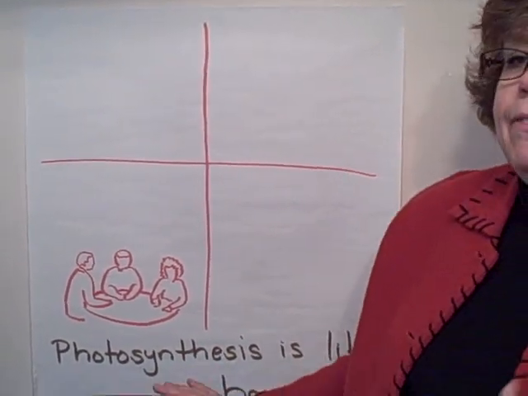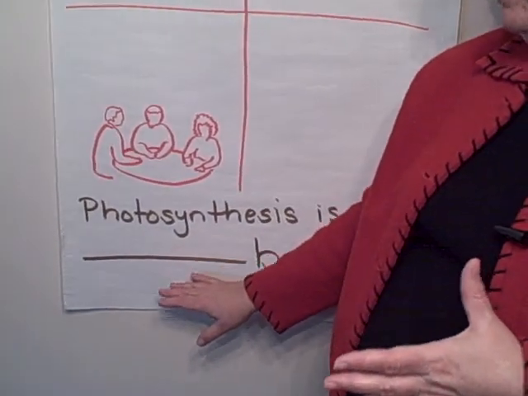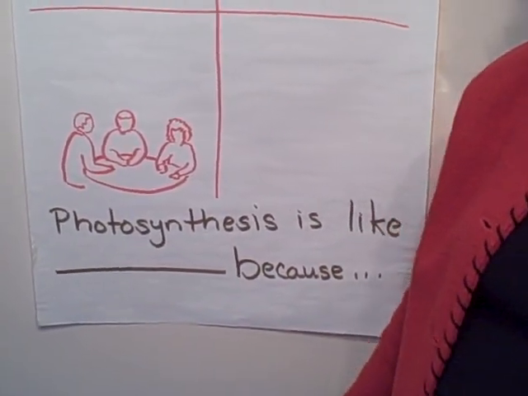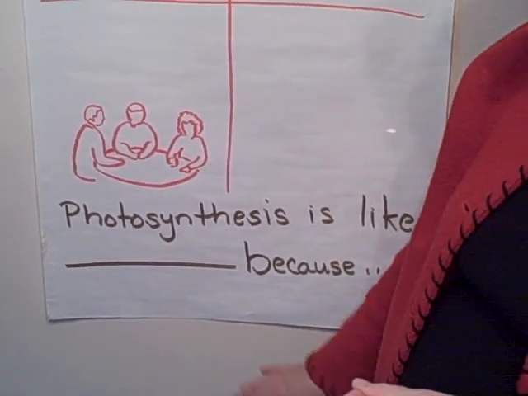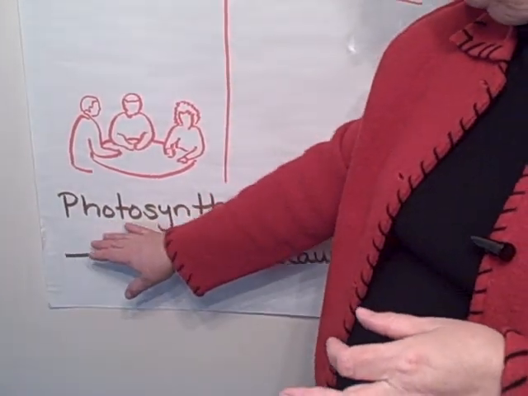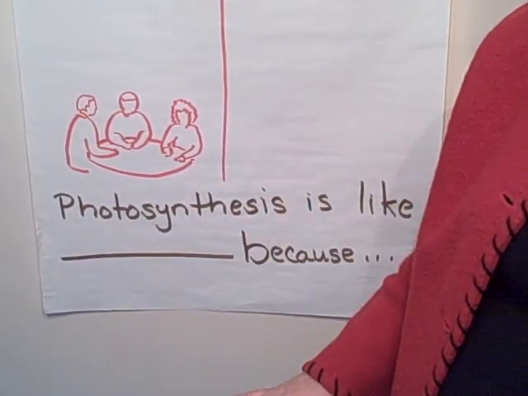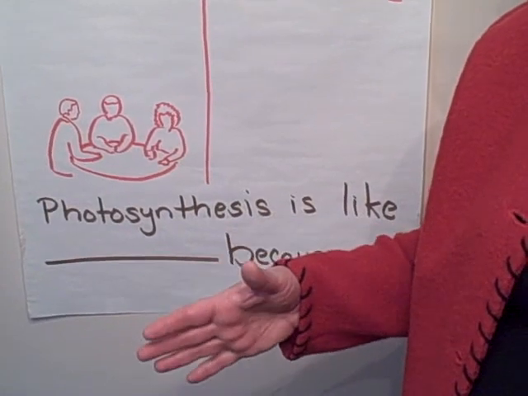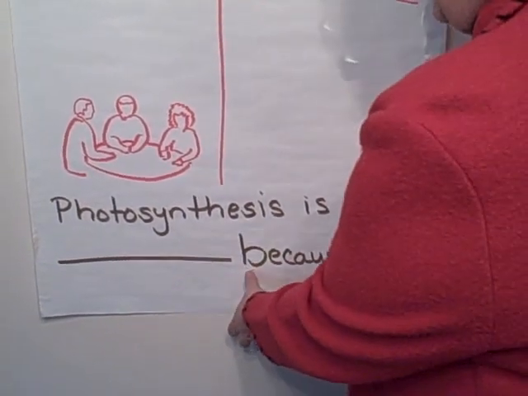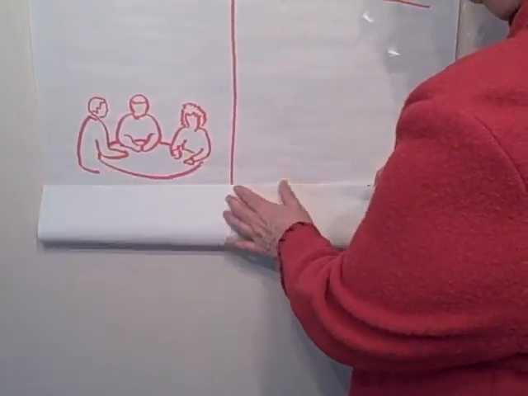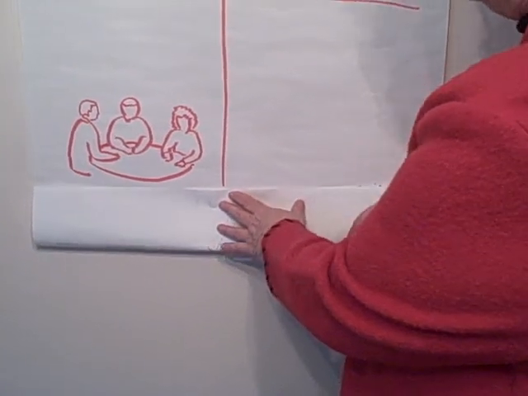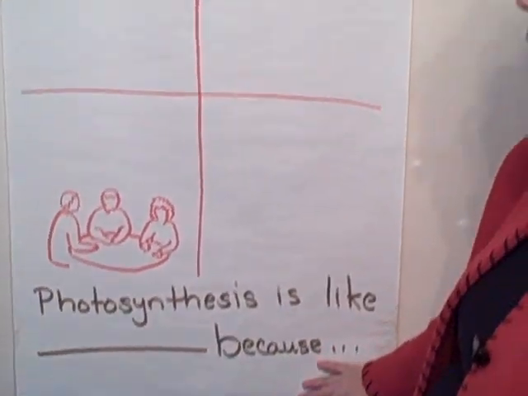You also have to have written up what you are going to be focusing on. In this case, it's going to be photosynthesis. Now, if I were actually doing this in front of a class, I would have this covered so the kids can't see it, but I'll leave it down for now.